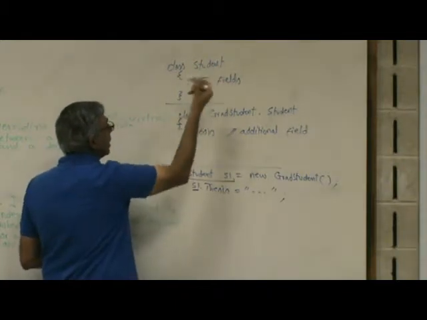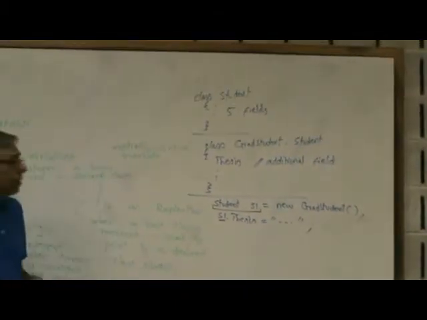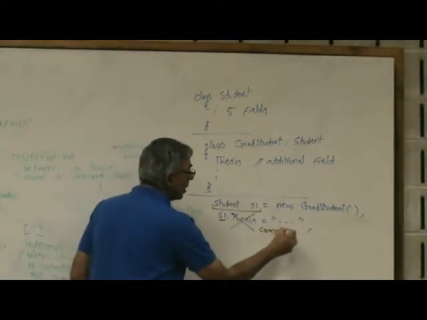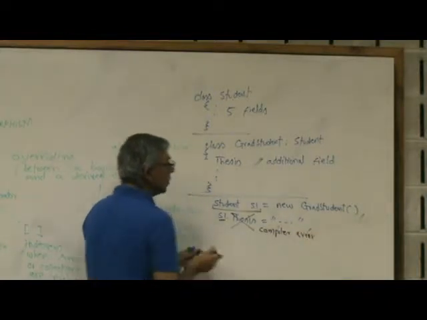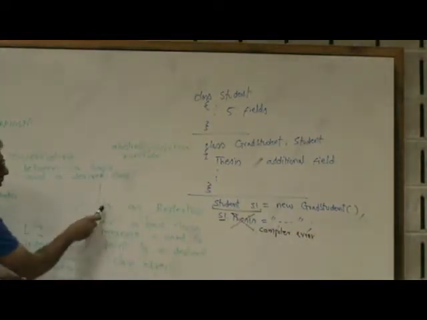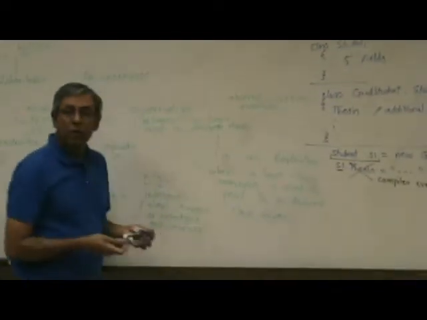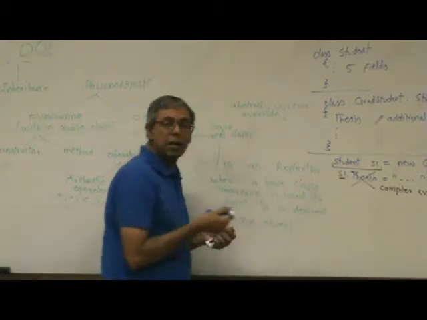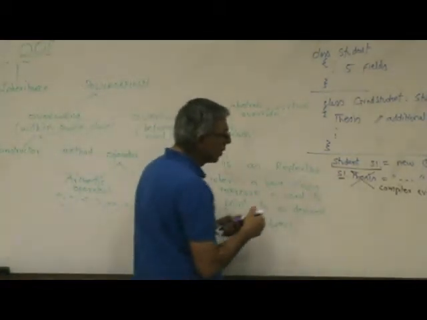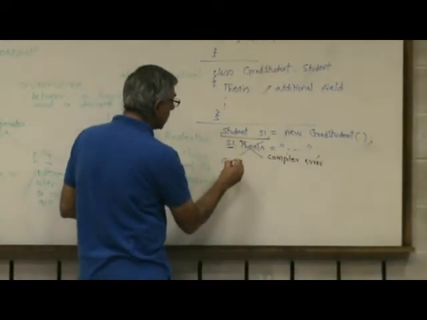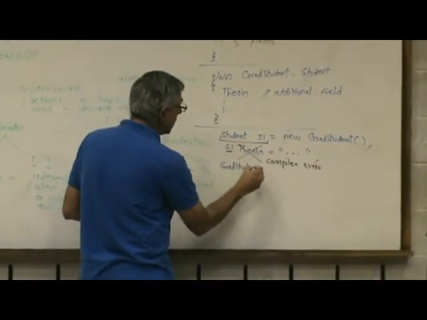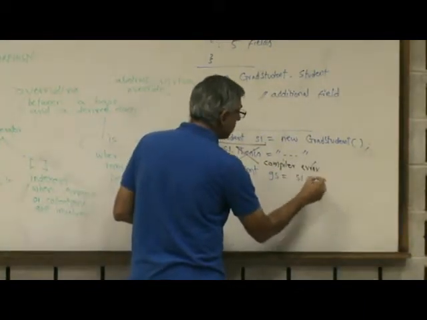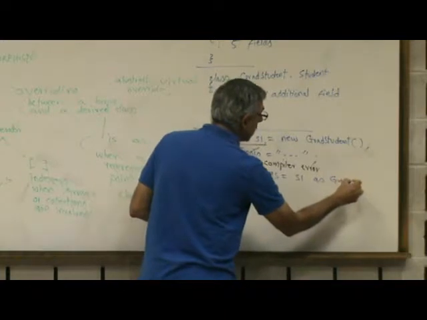It will go to the student and see is there a thesis. If there's no thesis, this will give you a compiler error, right? Okay, so what was the technique? We can either use the is operator, as operator, or reflection. So the most popular of all three is the as operator because it's the most efficient. So you will do something like this. You will say grad student, let's say GS equal to S1 as grad student.